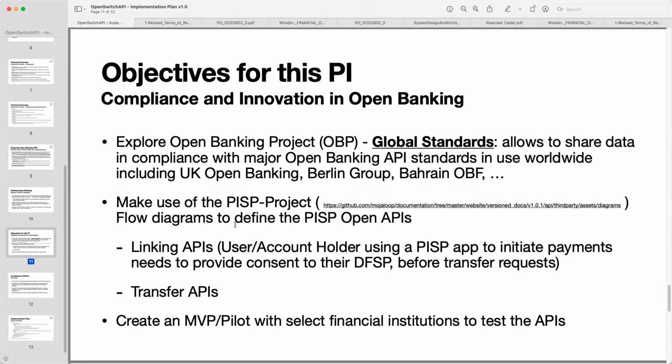Here I'm calling it open switch because we'll be providing this solution via the R-Switch Mojaloop Hub, of course.